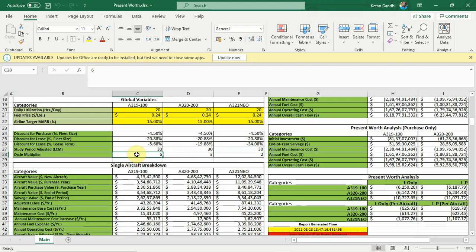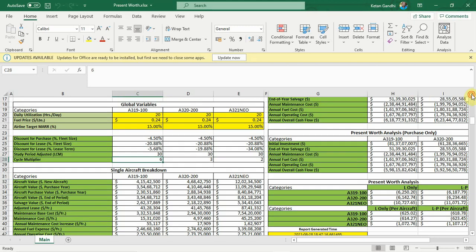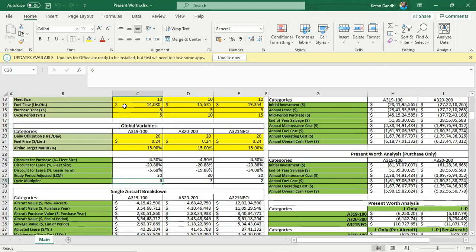Basically this is calculated looking at the cycle periods we entered, say 5, 10 and 15. This is the operating performance of the particular fleet type.